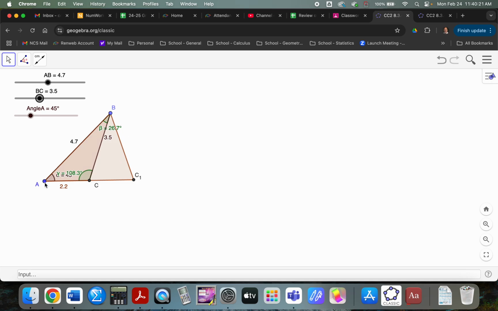So what happens is this angle is 45 still. This side is still 4.7. This side is 3.5, and so is this one over here. What happens is the final side can swing in towards the original angle, or it can swing out away from the original angle, making two very different looking triangles. The whole big triangle is one, and this one over here on the other is the other one. It makes two completely different triangles, which is why side-side-angle doesn't always work.